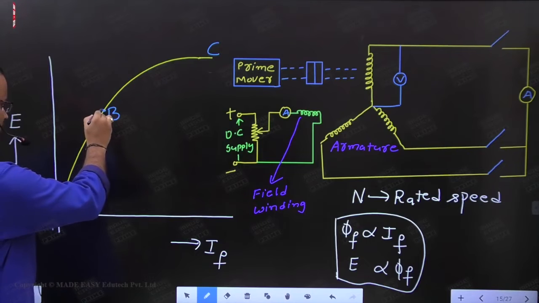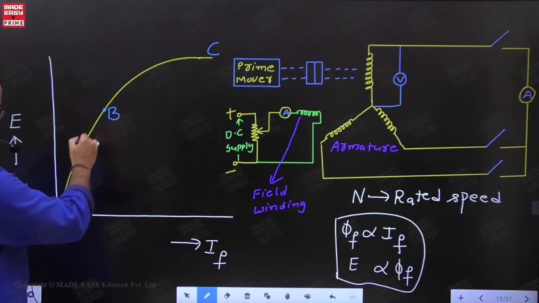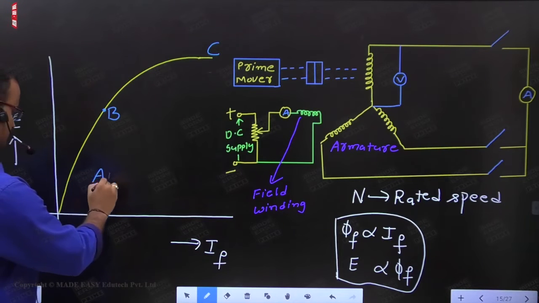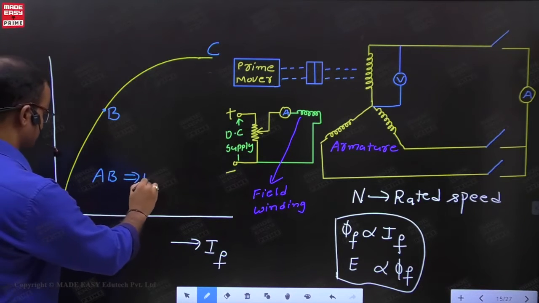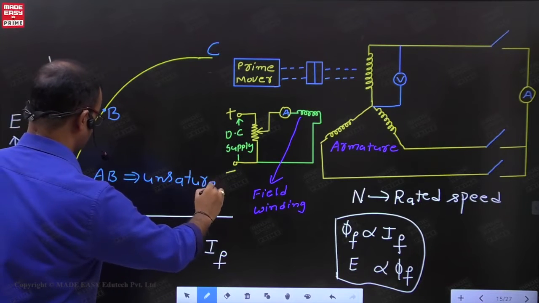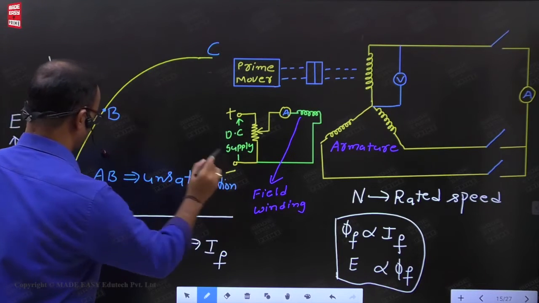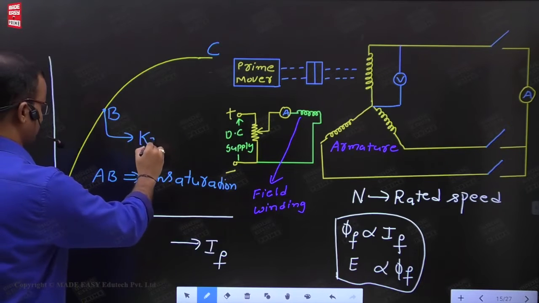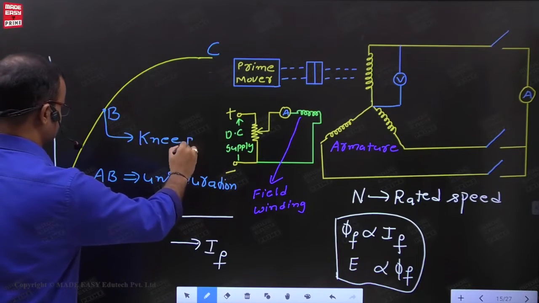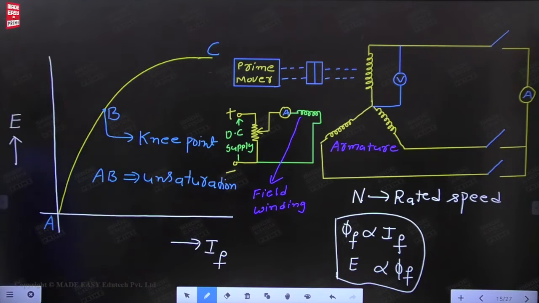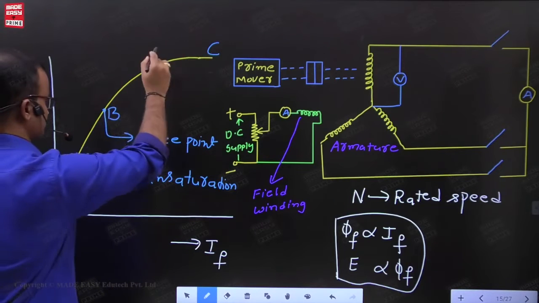Now point B is separating the unsaturation and the saturation region. Here the B point is called the knee point.